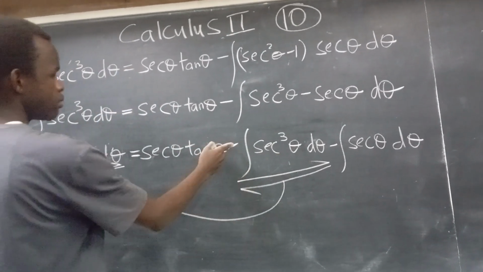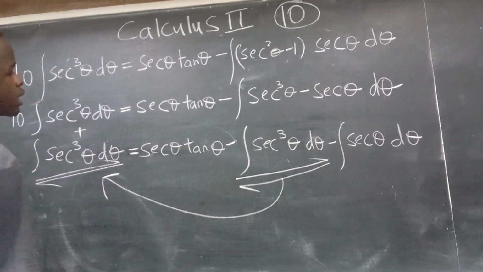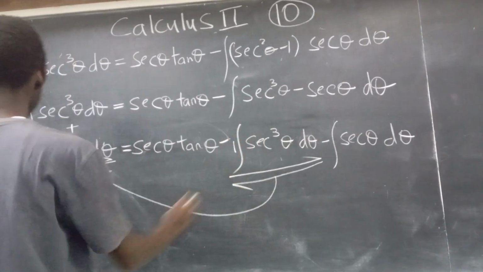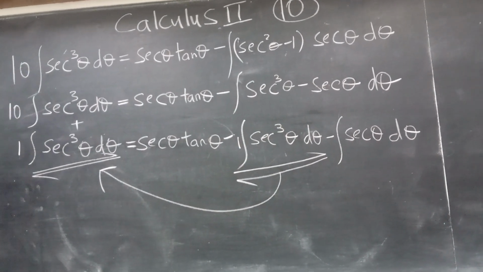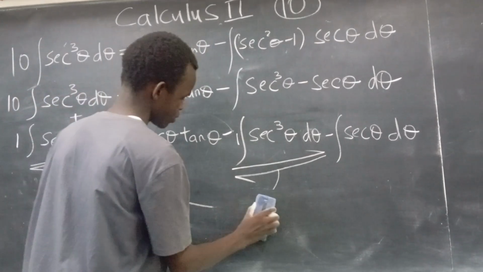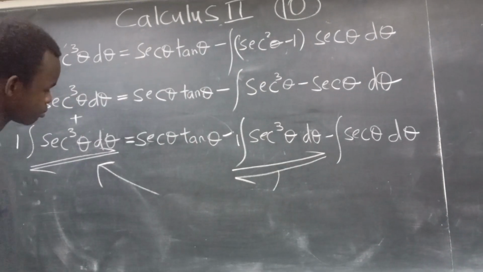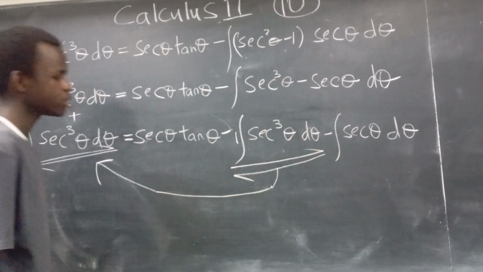Then the negative part becomes positive on this other side. Then I'll add my coefficients. We did the same process in power reduction formula. So once you have seen my derivations of power reduction formulas, it will be easy for you.